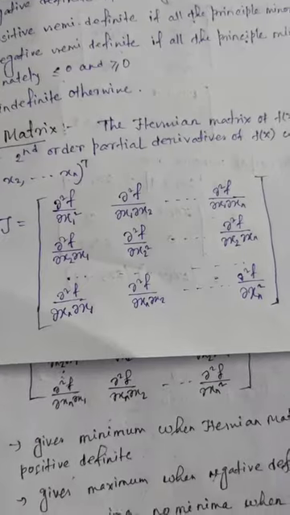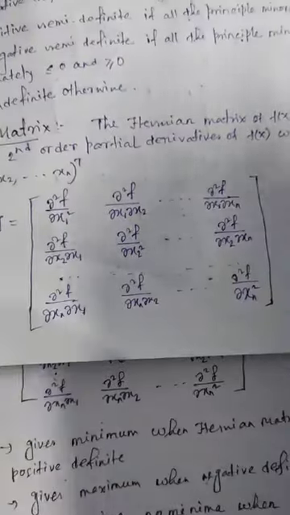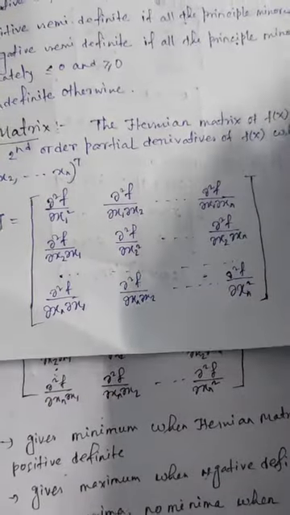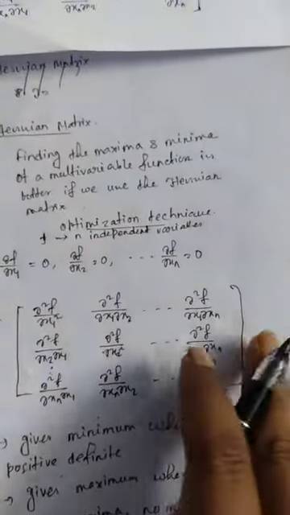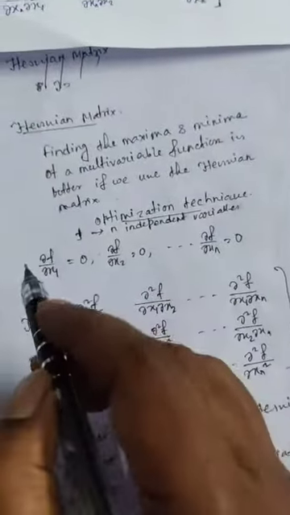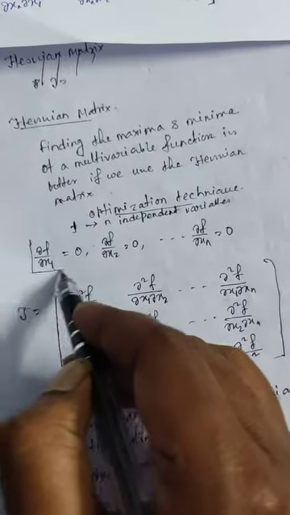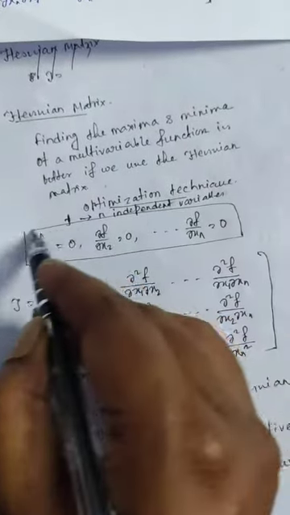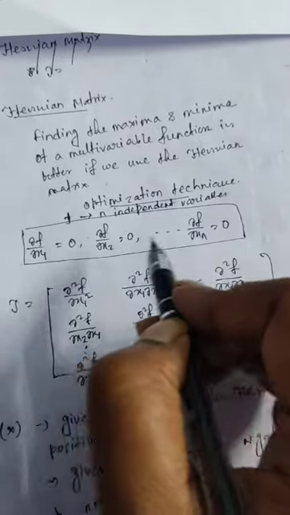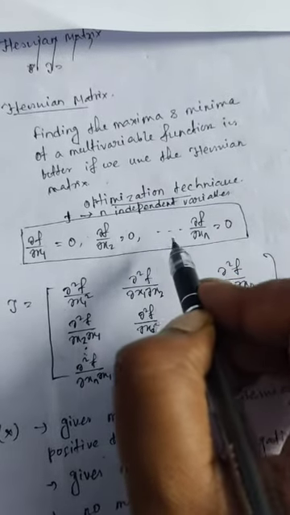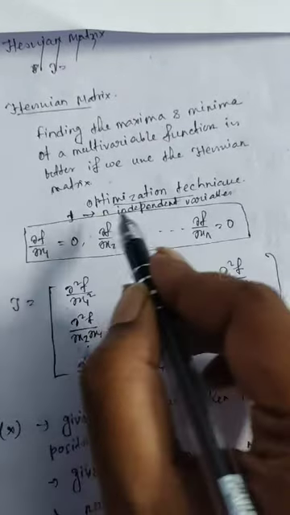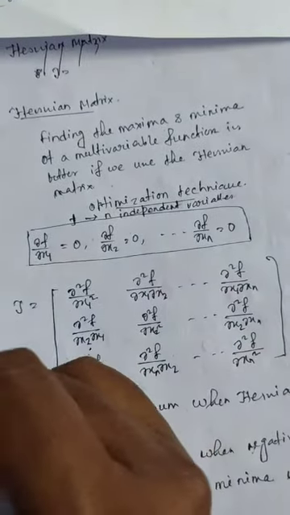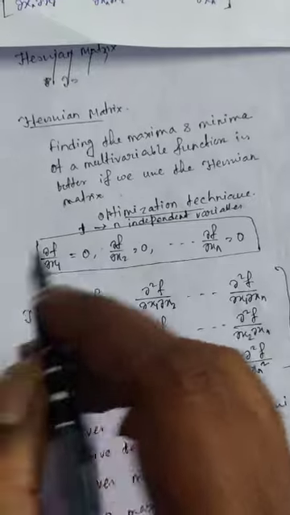And we know that to find the maxima and minima of a multivariable function that contains n independent variables, first we have to find del f del x1 equal to 0, del f del x2 equal to 0, dot dot, del f del xn equal to 0. After solving these n simultaneous equations, we will get the points.